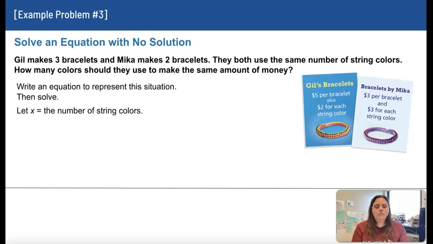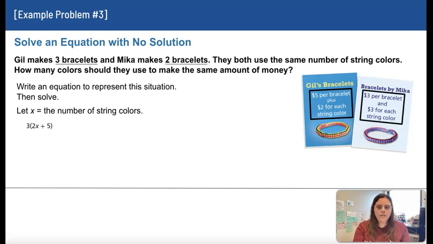So Jill, we're going to write an equation, and we're going to use x as our string colors. So Jill is making 3 bracelets, and they're $5 plus 2 times whatever x is. So you can see in your notes that I have the expression 3(5 + 2x). Then Mika is making 2 bracelets.